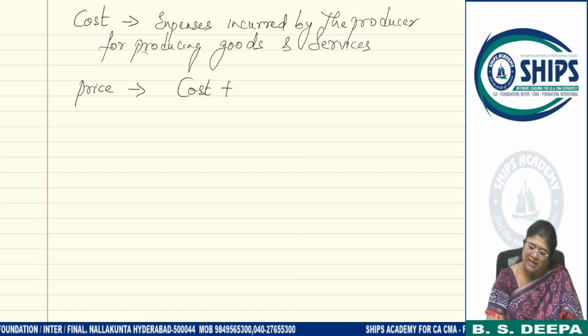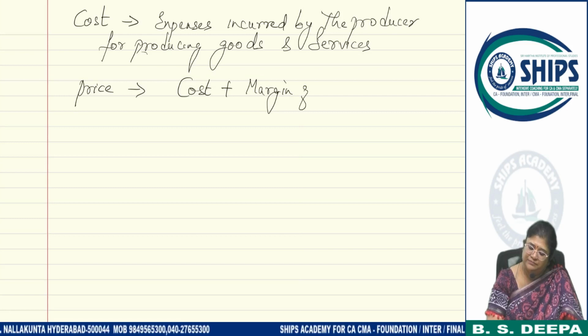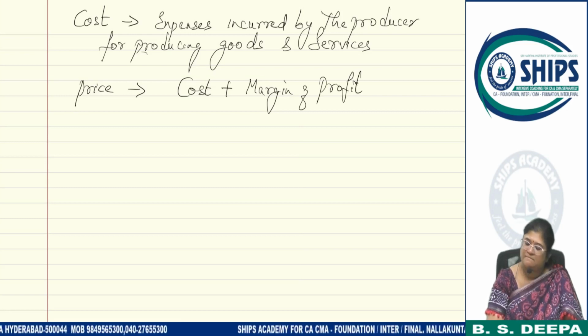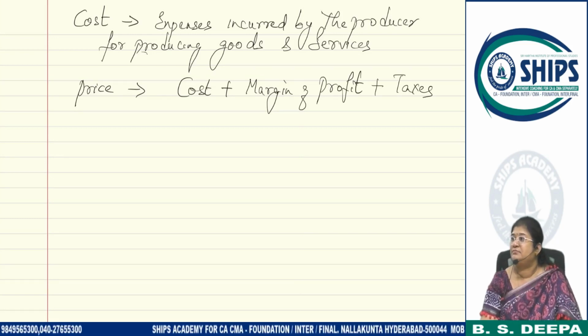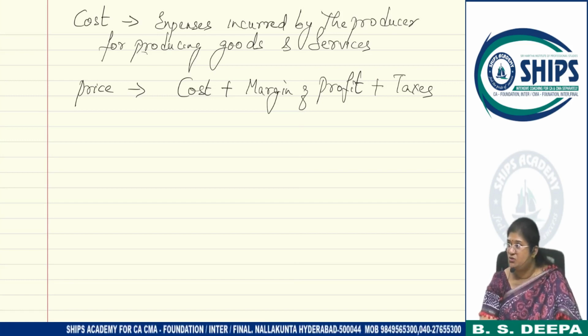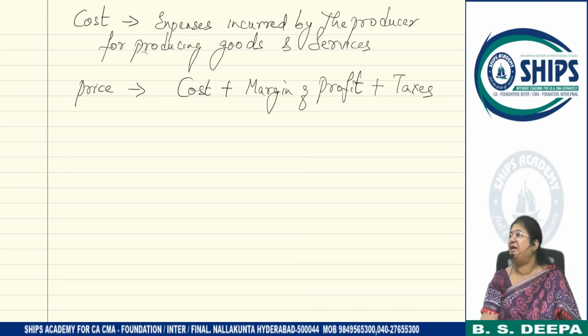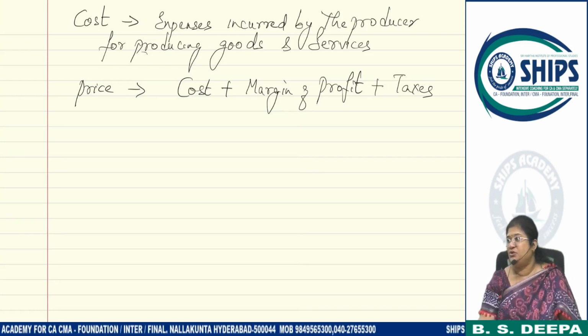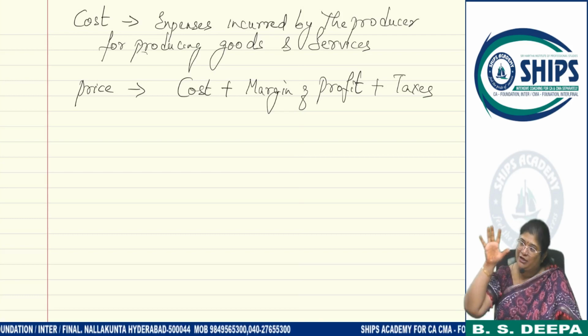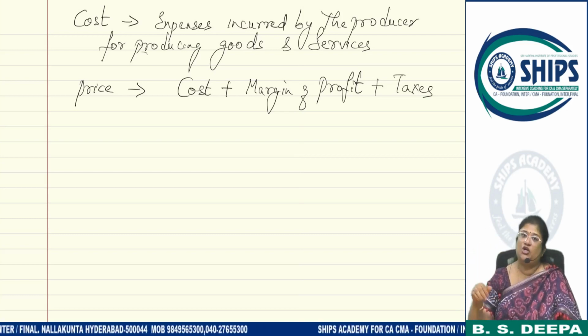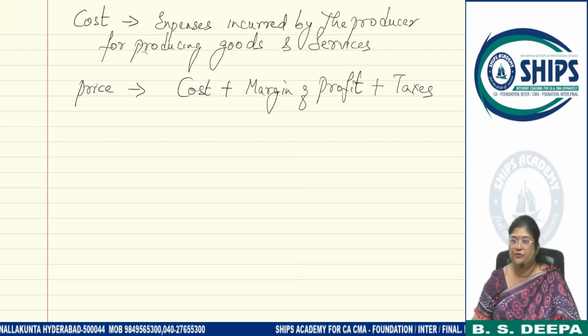Cost plus margin of profit. This can even include taxes, because when it comes into the market, you find that apart from profit, taxes are also included, isn't it? So that is why price will include all of those things. That is the difference between cost and price. Whenever we are talking about cost, we are basically talking from the producer's point of view. When we are talking about price, we are talking from the customer's point of view. That is the difference.